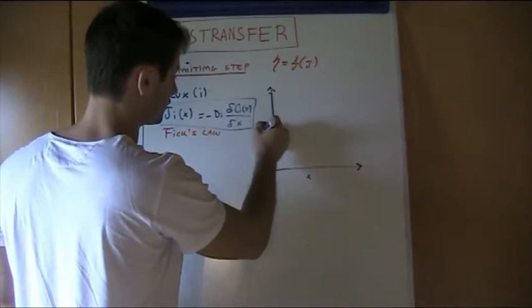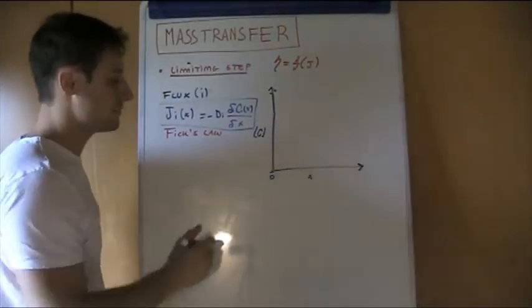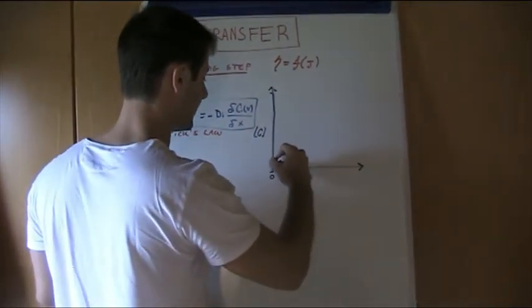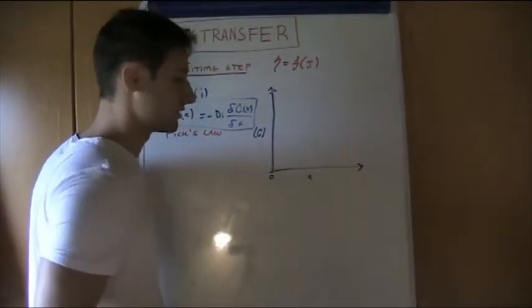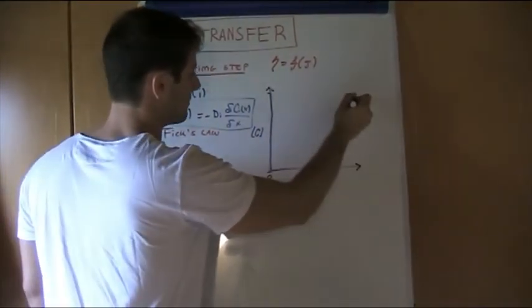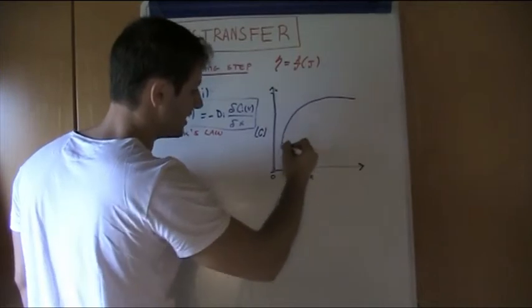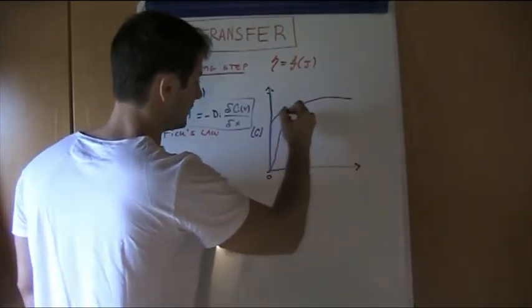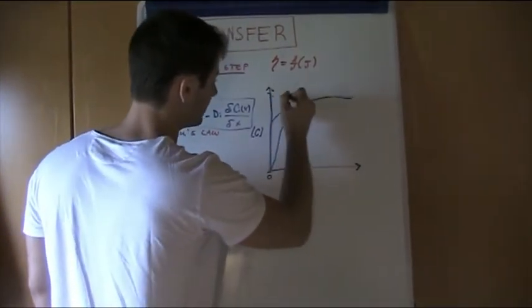And here we have the concentration. We can appreciate how the trend of the concentration starts from a maximum and then decreases in this way or in this way, and so we have an asymptotic trend.